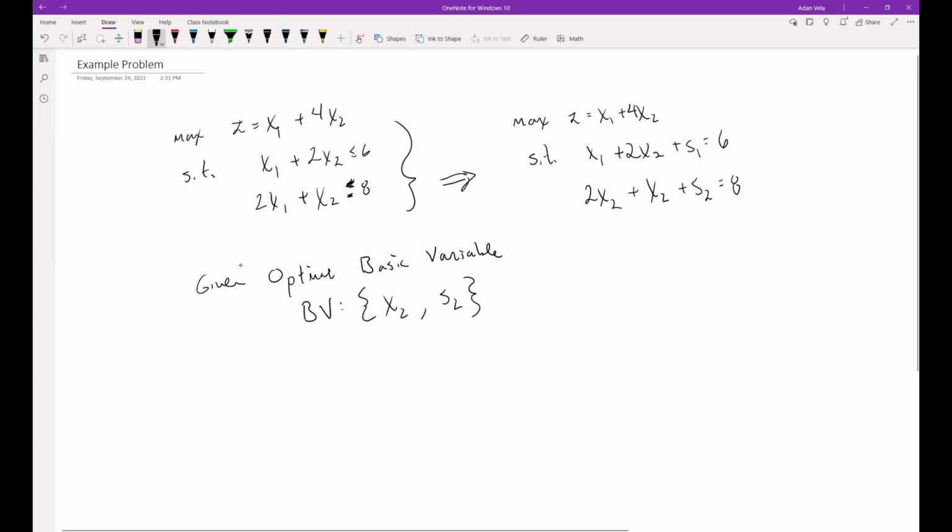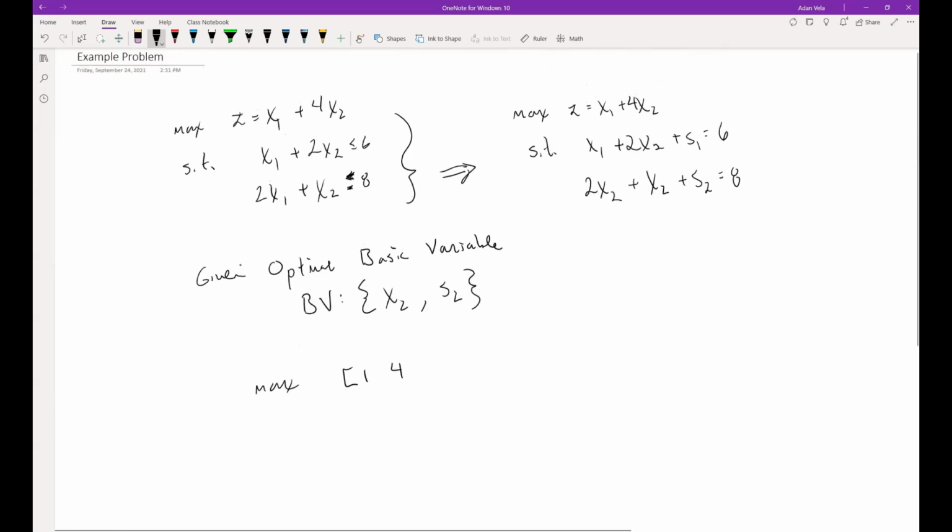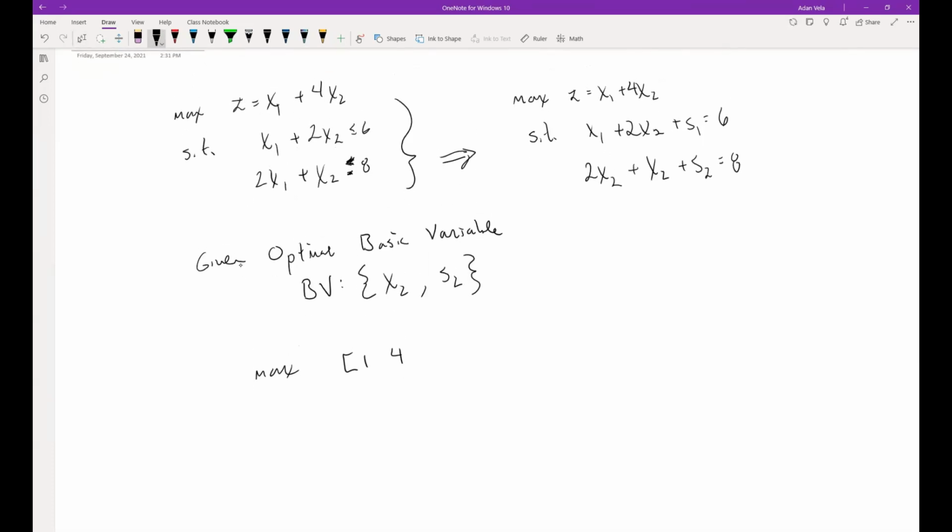All right, so if we're going to put the original problem in matrix form, I'll show you how we break it down. We would have 1, 4, 0, 0 times x, where x is equal to x1, x2, s1, s2. So it's going to be our vector of decision variables.